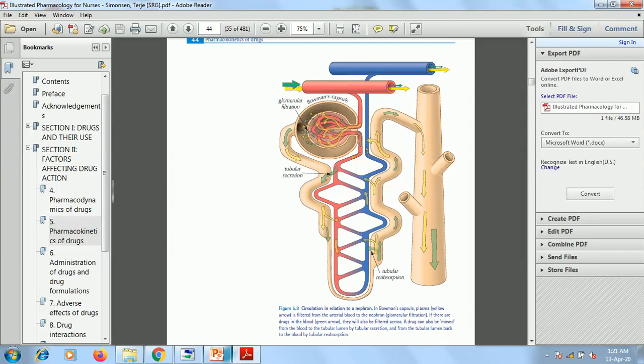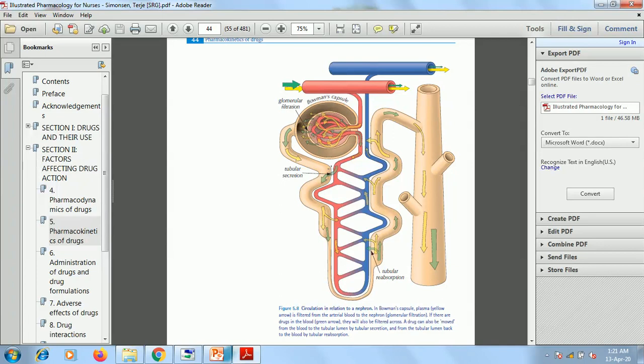There are three processes: glomerular filtration, tubular reabsorption, and tubular secretion. Here, what is glomerular filtration? This you can see. Here the membrane, the glomerular filtration occurs from the glomerulus or glomerular capillaries. This is called glomerular filtration.